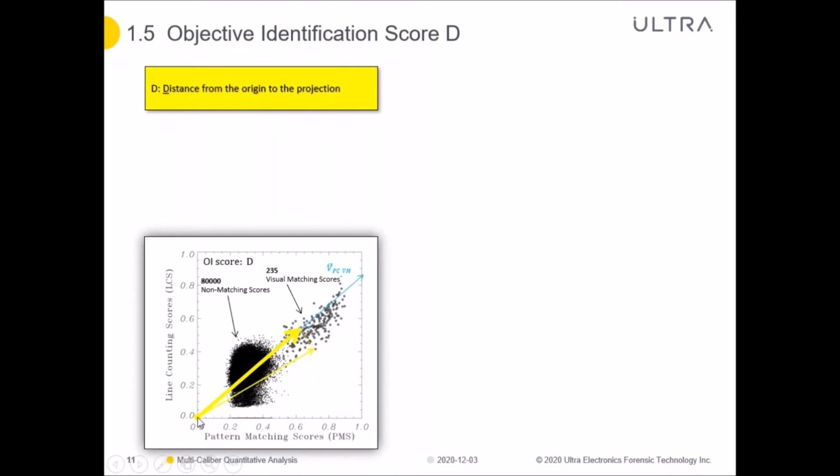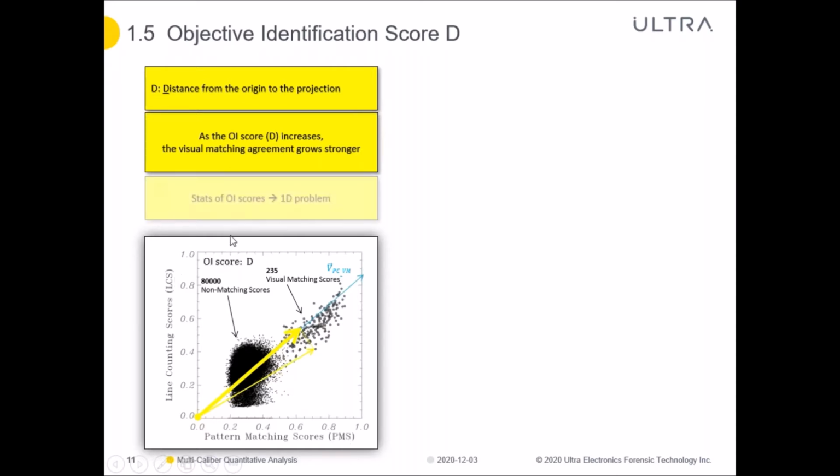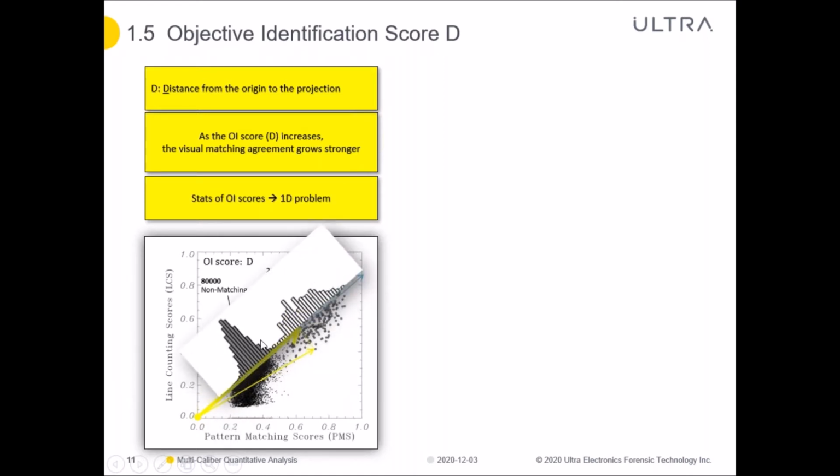D is because it's the distance from the origin to that projection right here. And you'll realize that as this vector increases, the visual matching agreement is getting better. And finally, this objective identification score is a linear combination of the pattern matching score and line counting score. So we collapse the problem to a 1D problem and end up with those two distributions right here.